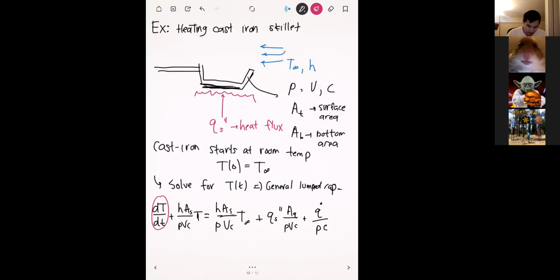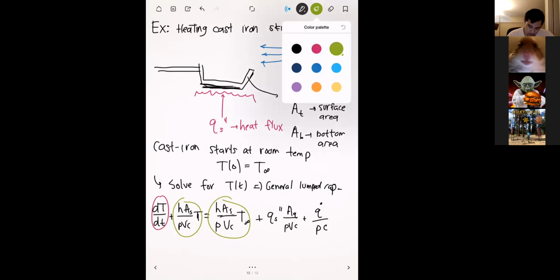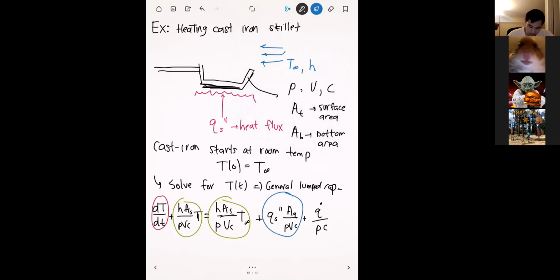Next we have our convection terms, and obviously here we have convection, so we're going to keep those. Next we have our heat flux term, and we can see that we have heat flux, so that's all good.